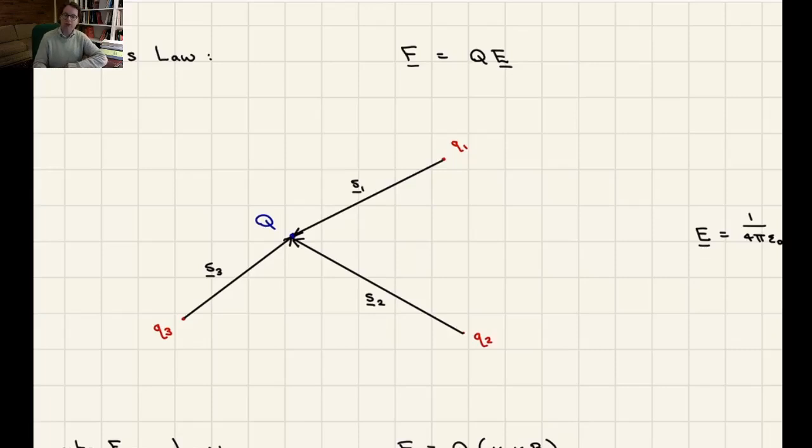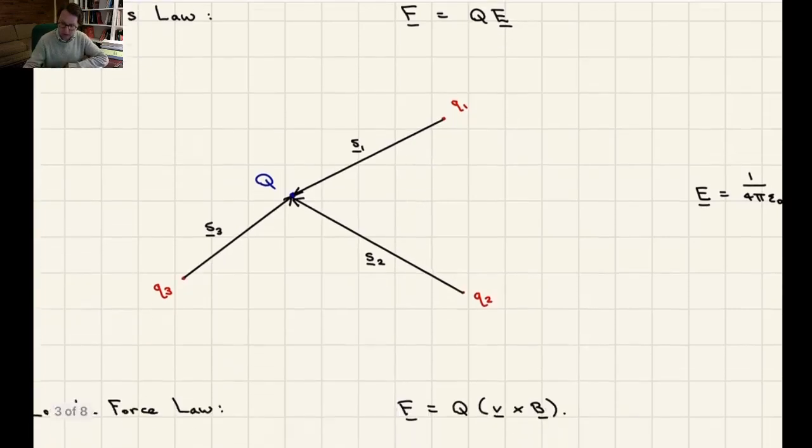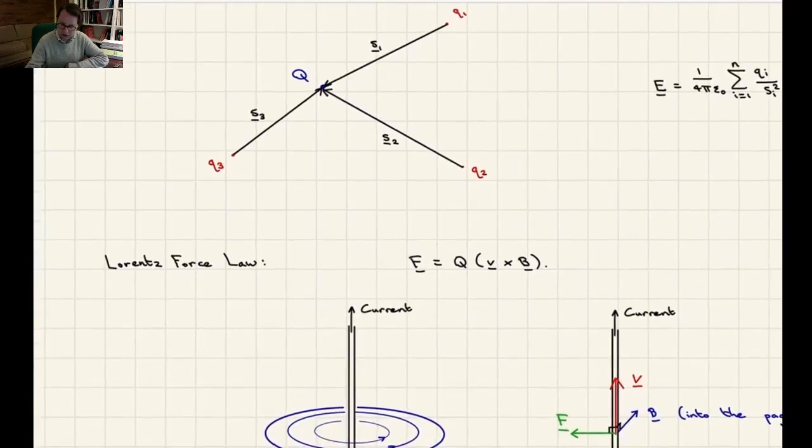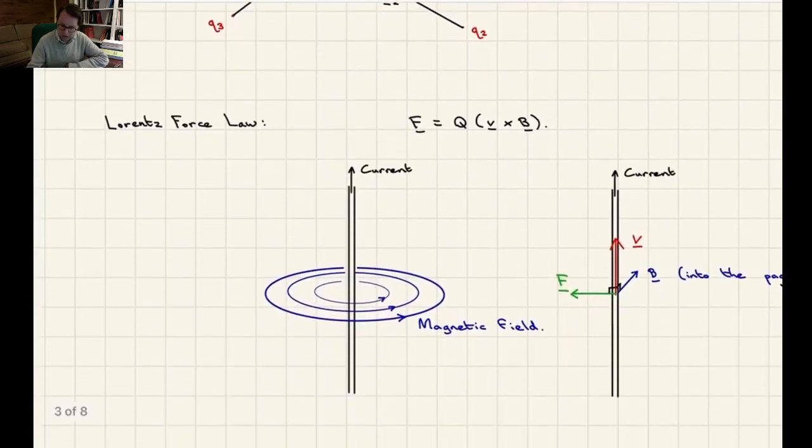We'll take some equations that are empirically known: Coulomb's law, and here below I'm drawing out the Lorentz force law, which relates magnetic fields and the motion of charges, and explains why two wires with currents passing through them will either draw each other together or repel, depending upon whether the currents are parallel or anti-parallel.